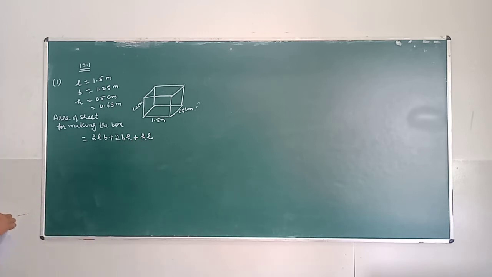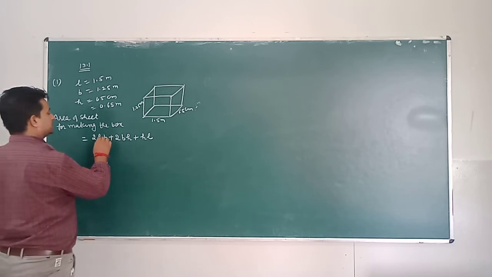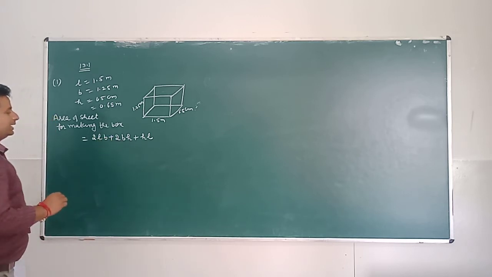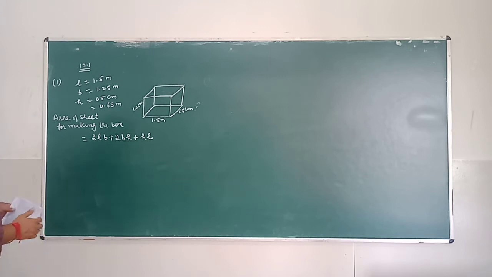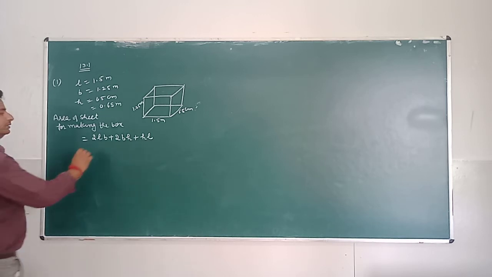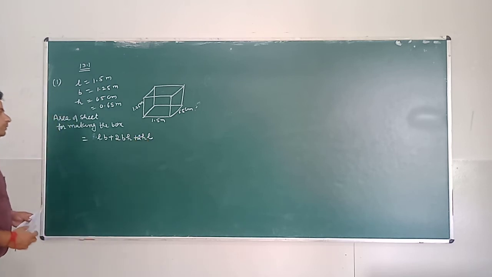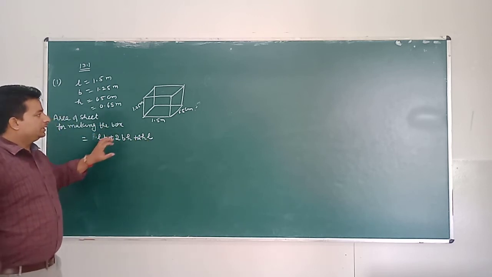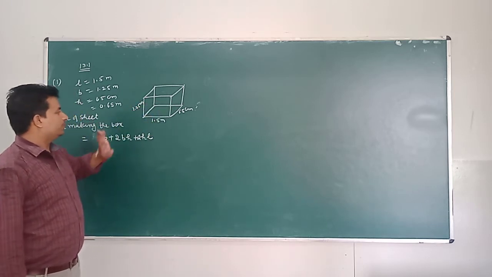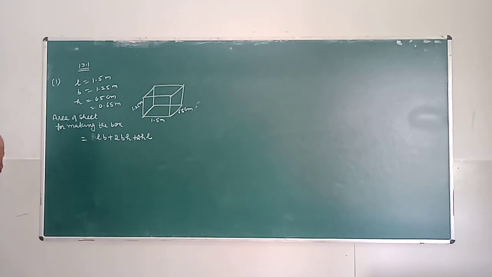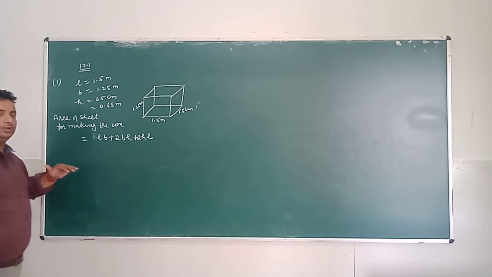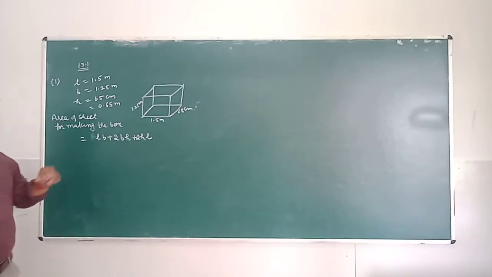Because the box is open, we take this as L into B: length into breadth plus 2 into BH, breadth into height, plus length into height. So area of base is length into breadth, and 2HL. When we draw this figure, the area of base, which is length into breadth, is included, but the area of top, this means area of roof, is not included because the box is open.